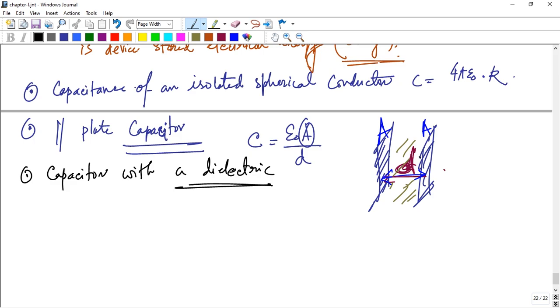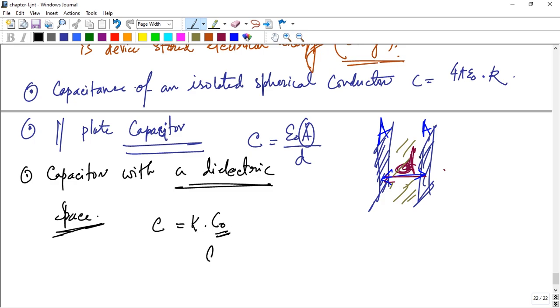If the dielectric fills the space, then C equals some constant K times C naught, where C naught is the capacitance without dielectric.